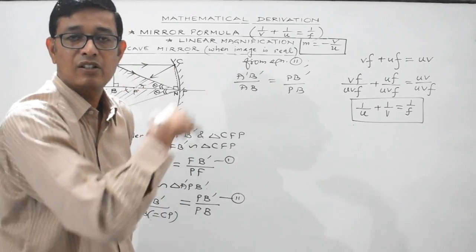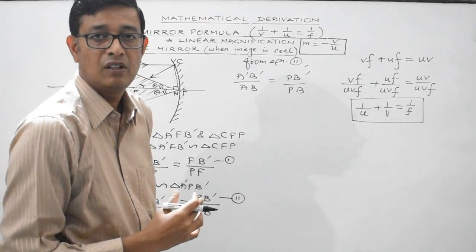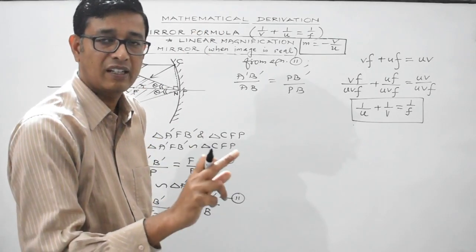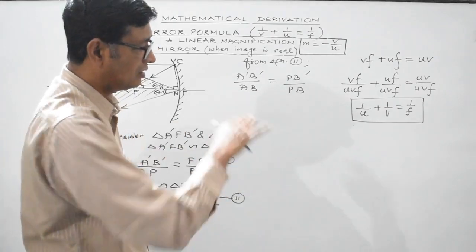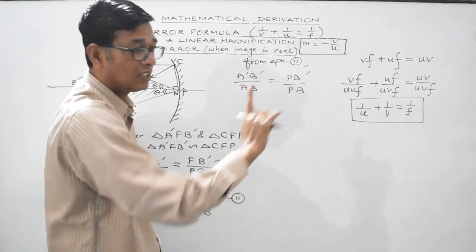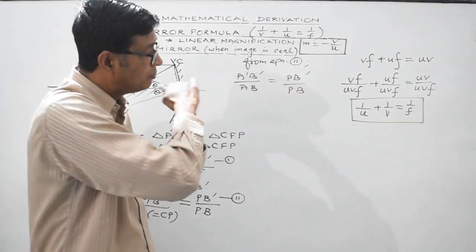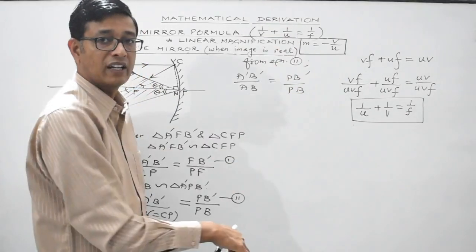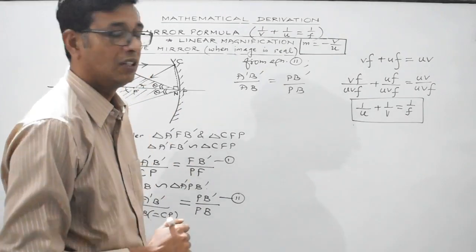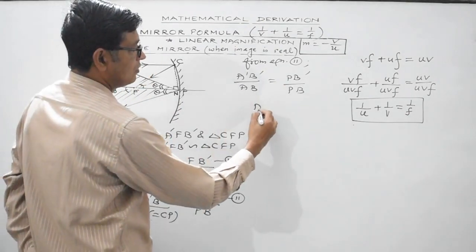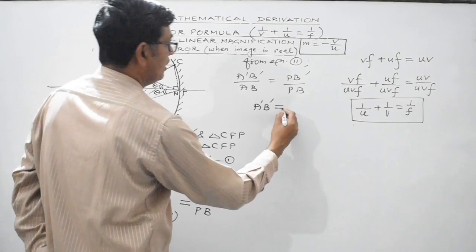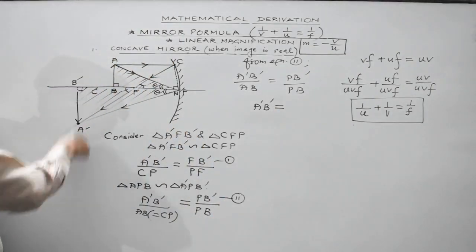Now as you are aware, the erect image, the size of the erect image is always taken as positive. Do you remember that? The distance is measured perpendicular to the principal axis and in the upward direction that's positive. And the distance is measured perpendicular to the principal axis and in the downward direction that's taken to be negative. So over here, what we'll do is, let's make use of sign convention directly. A dash B dash, it's inverted.